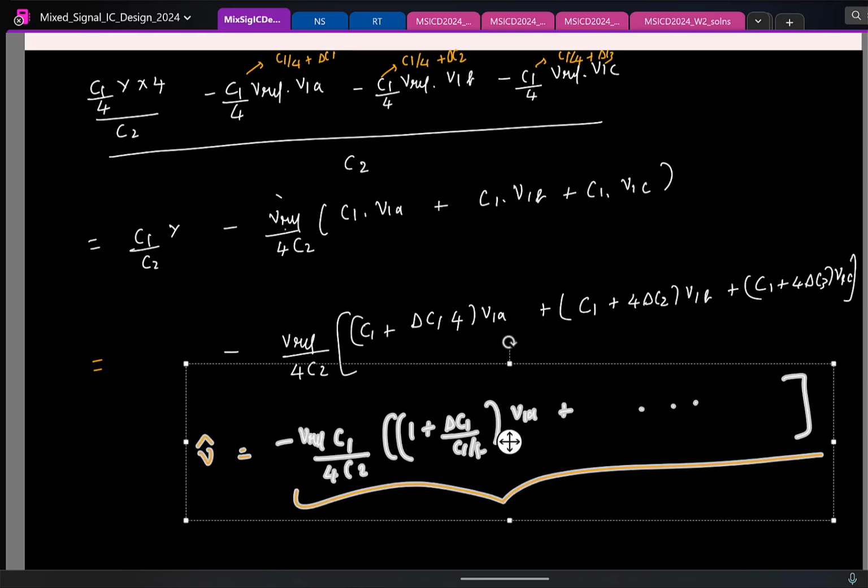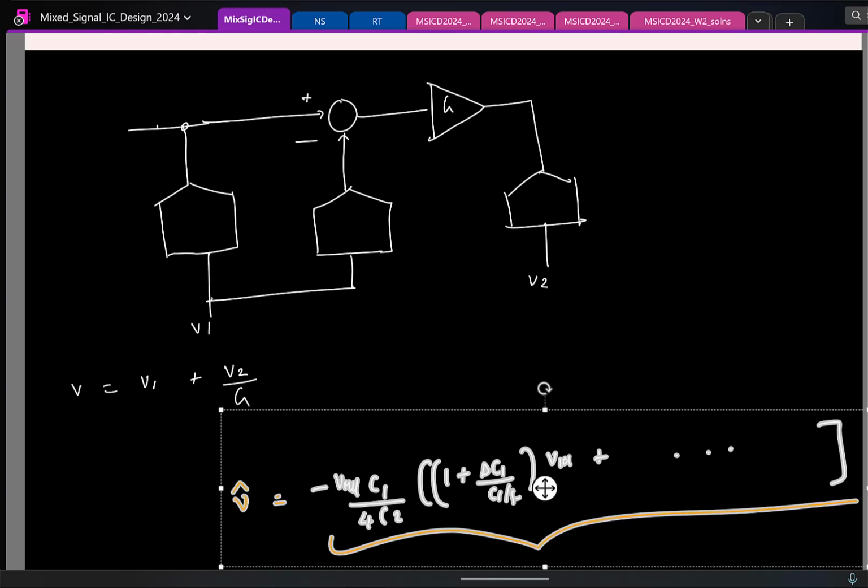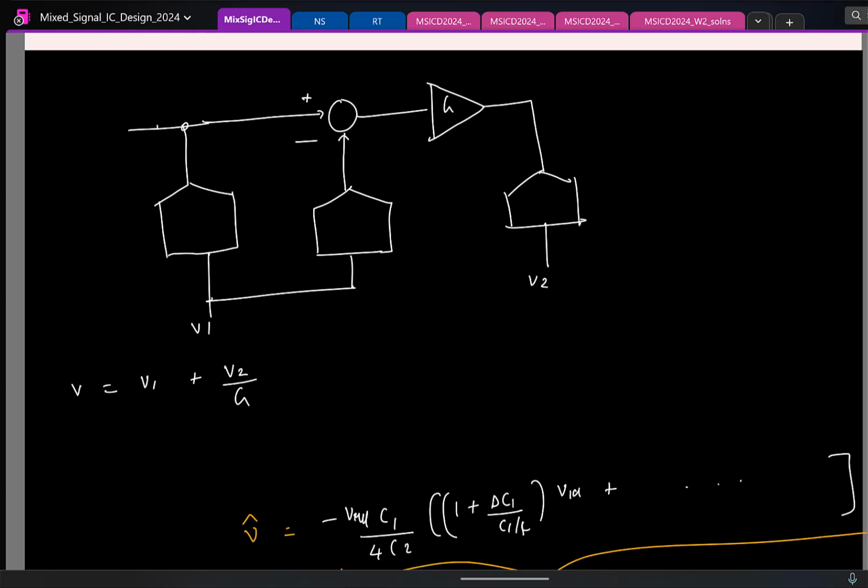I write it here. This is the DAC output, let us call it V hat. This is the signal Y. If this is the signal Y and this is V hat, what will be the signal here? What will be the input to the second ADC?